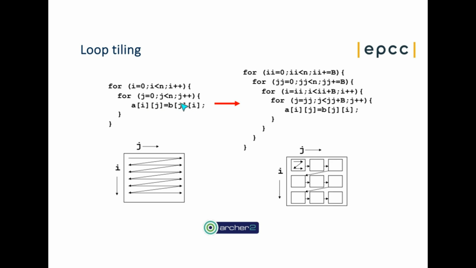In this case J is the right way around, but B is the wrong way around. If we think about the array layout, we're going J first, so I'm going to draw J across the way and I down.